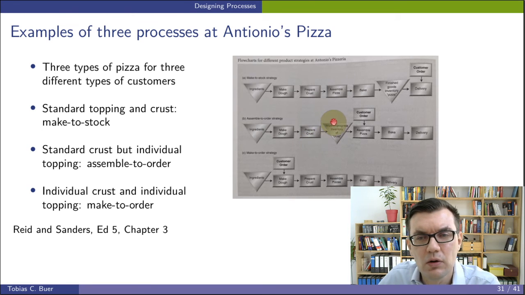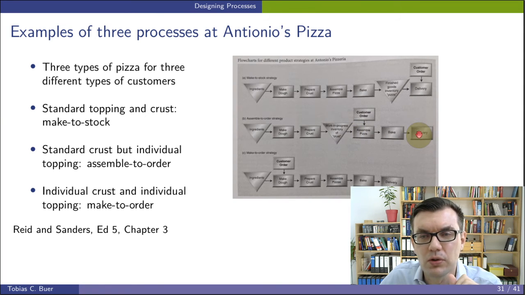However, now we store the pizza that is not yet ready, and only once a customer order arrives, for example, for cheese pizza, quattro stagioni, then we put the topping on the pizza dough. And then we bake it and deliver it to the customer.